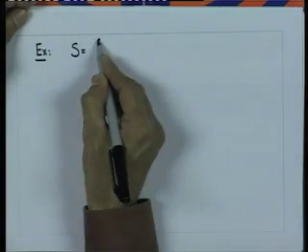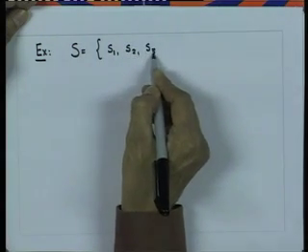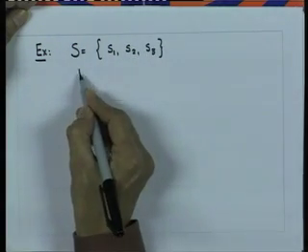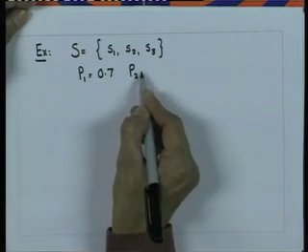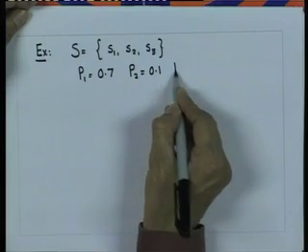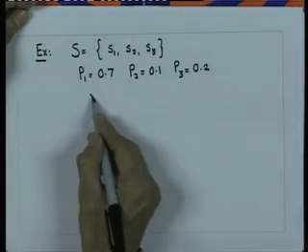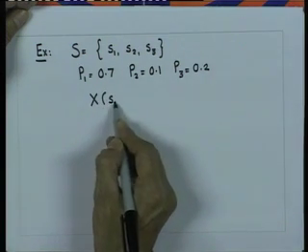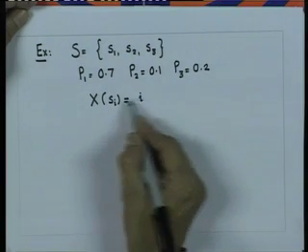So, let us take an example of a source consisting of 3 symbols with the probability model as given here. And we will use the mapping which we discussed for Shannon-Fano-Elias coding as shown here.